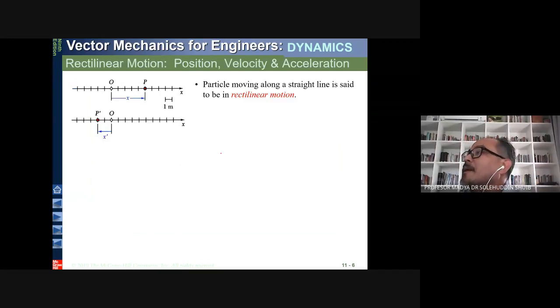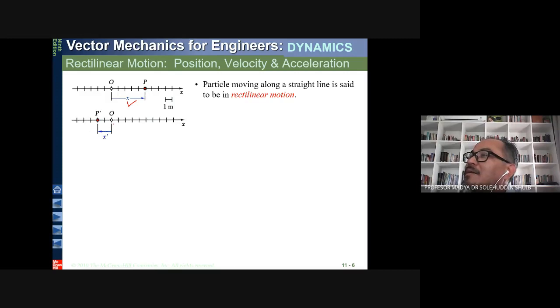This is the elaboration of the concept of rectilinear motion. We want to find position, velocity, and acceleration. Here we have a particle moving along a straight line from O to P, so the distance is x. Every one section here is 1 meter.